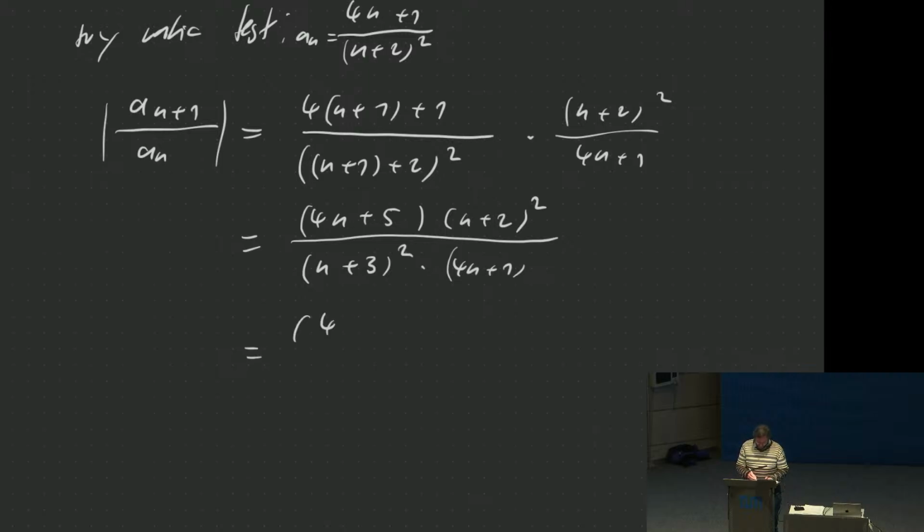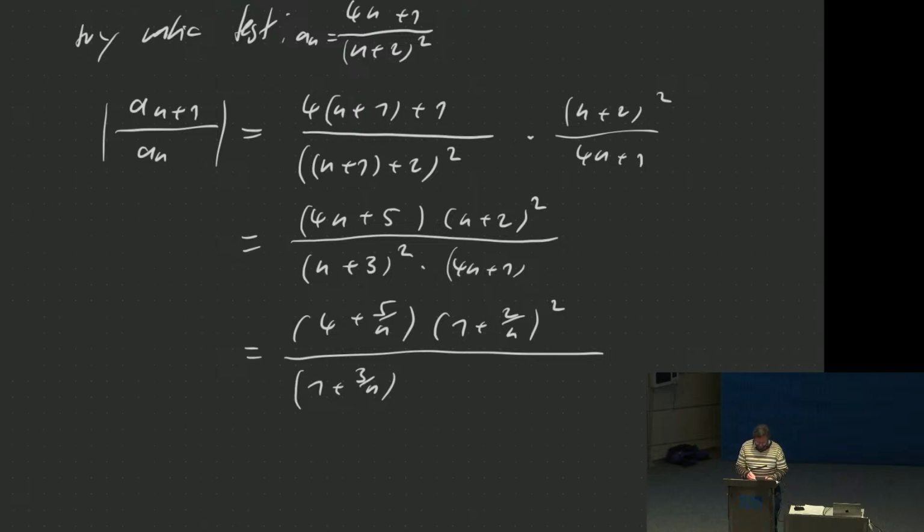So we get 4 plus 5 over n times 1 plus 2 over n squared, and then 1 plus 3 over n squared times 4 plus 1 over n. And that means, if I'm not mistaken, this tends to 4 and this tends to 4. So this tends to 1.